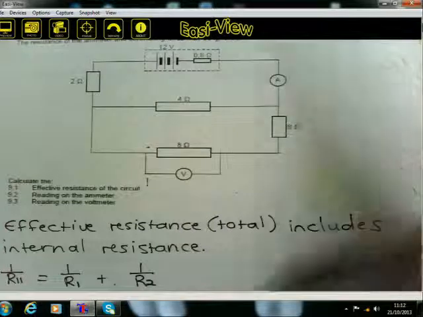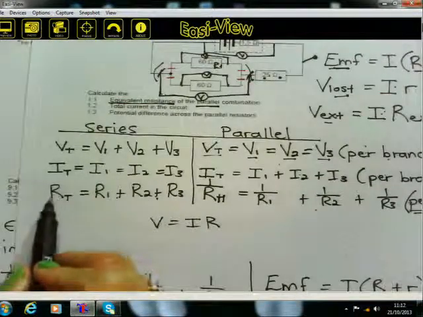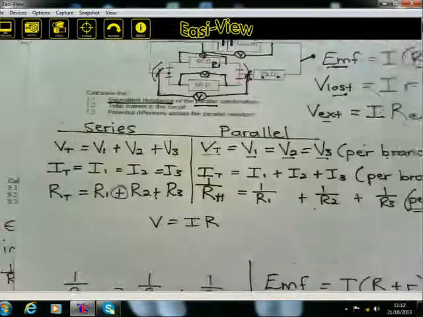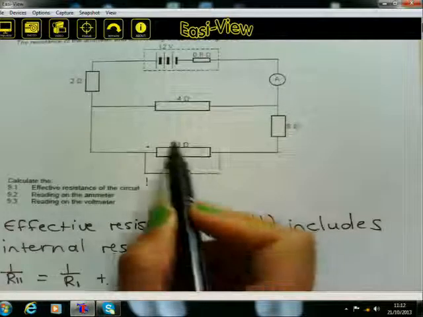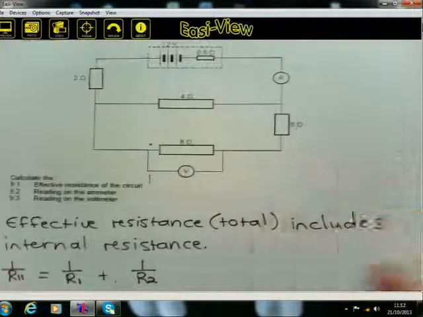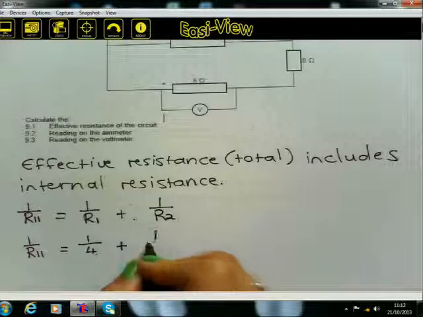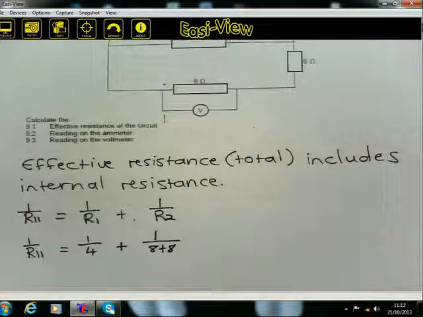And what does our series rule say? Our series rule for resistors says R total equals R1 plus R2. So we add them: 8 ohms plus 8 ohms is 16 ohms. So our second branch has a resistance of 16 ohms that we substitute.